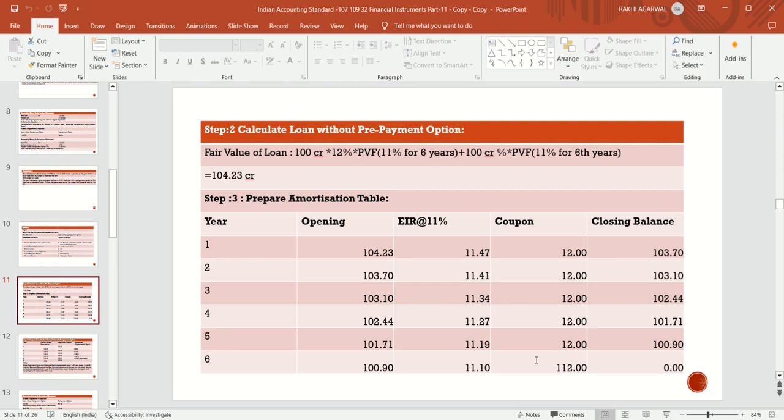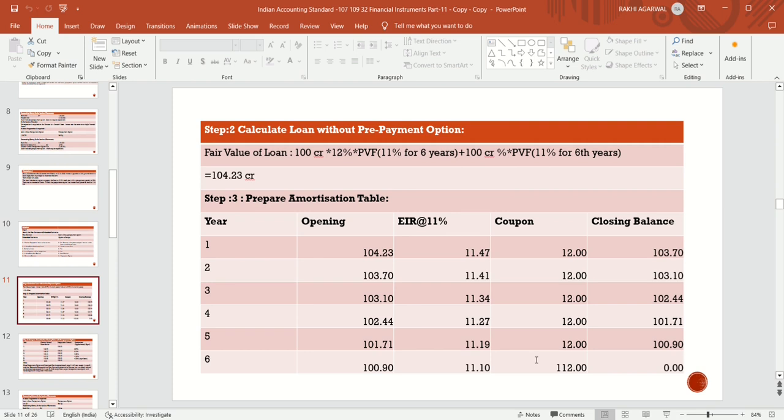Now in step 3 we will prepare the amortization table, for years 1, 2, 3, 4, 5. The opening balance is 104.23 crore. The effective interest rate is 11%, that is 104.23 into 11%, which is 11.47. Coupon is 12 crores. The closing balance is opening plus effective interest minus coupon, that becomes 103.70 crore. This closing balance becomes the opening balance in the next year, and the effective interest at 11% is 11.41.